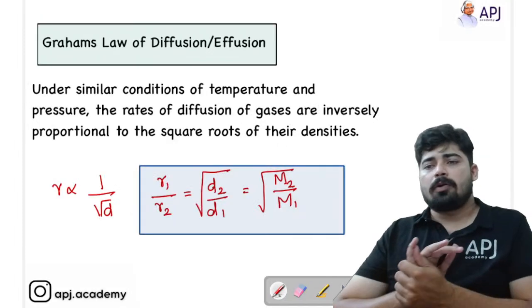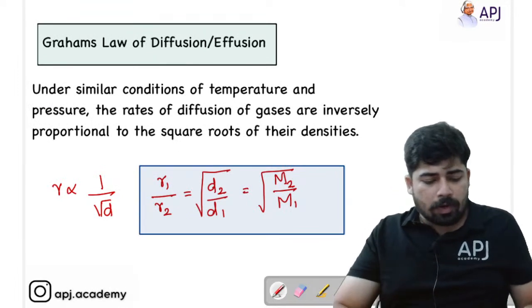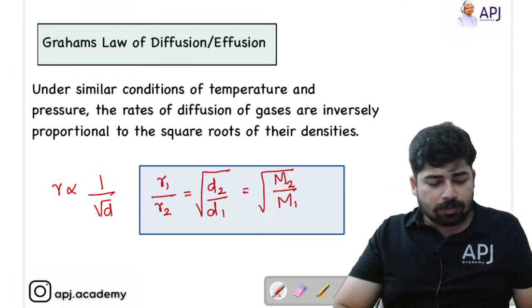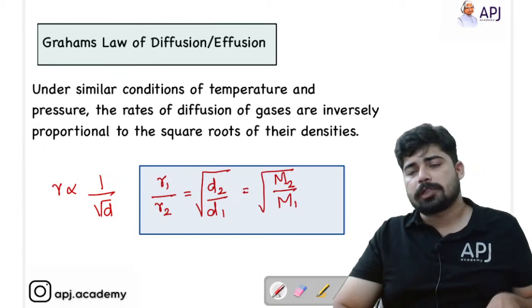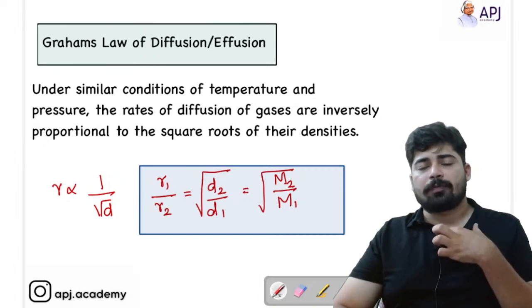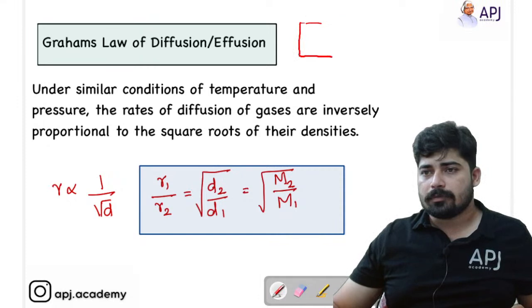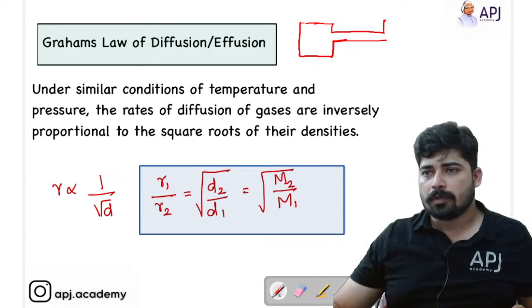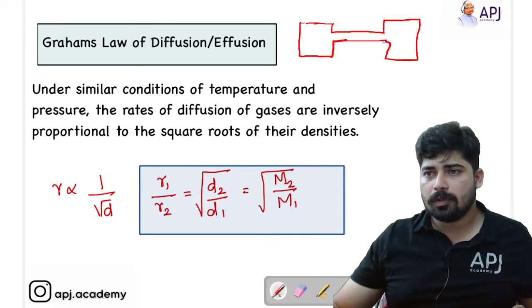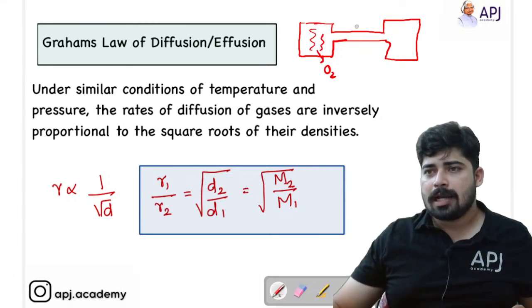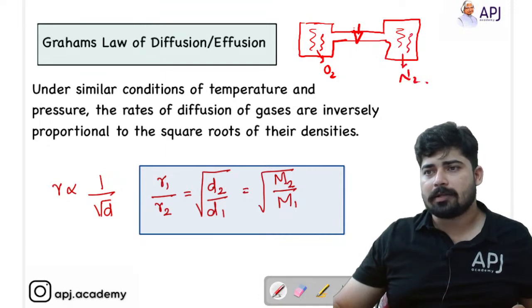Right? Now, the last topic that we are going to discuss today is Graham's law of diffusion or effusion. First, students, what do you mean by diffusion? See, if a container is connected with a tube to another container, and this contains some gas, say oxygen gas, and here I have closed this container with a stopper, and here also there is gas, let's say nitrogen gas.